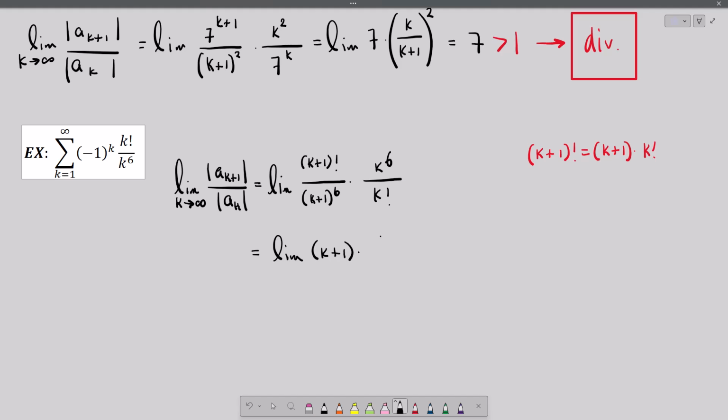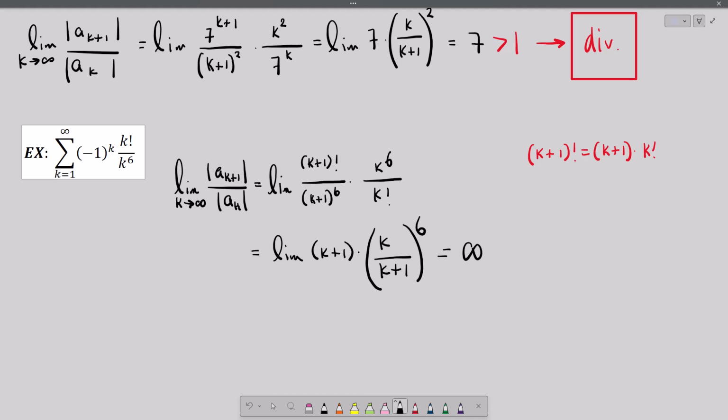And then the power of 6 thing, you're going to have k over k plus 1 all to the 6. This factor goes to 1. And you have 1 to the 6, which is 1. But then this piece right here, what's the limit of k plus 1 as k goes to infinity? Infinity.